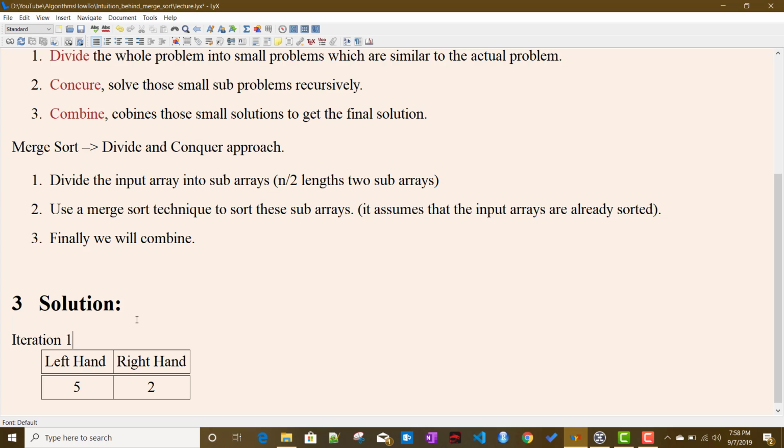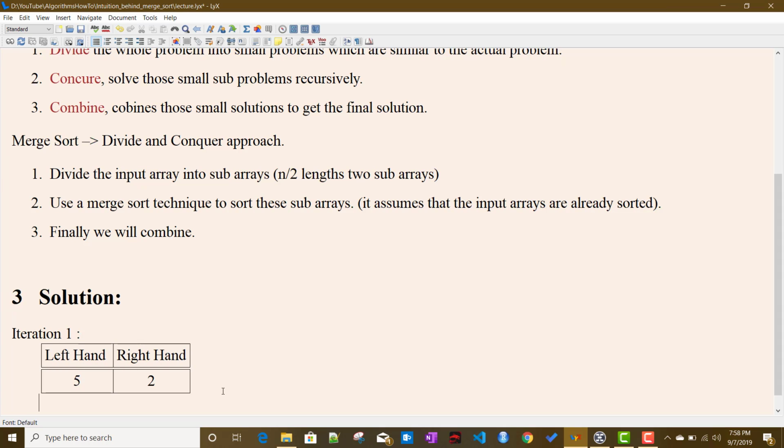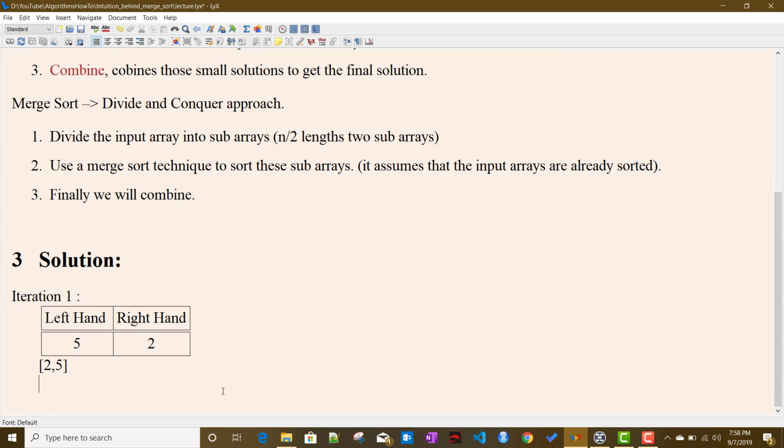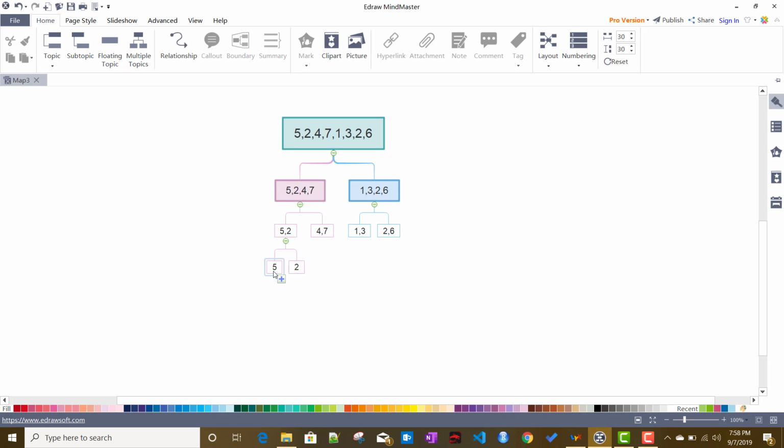In iteration 1 we created our final merged array called 2 comma 5, right?